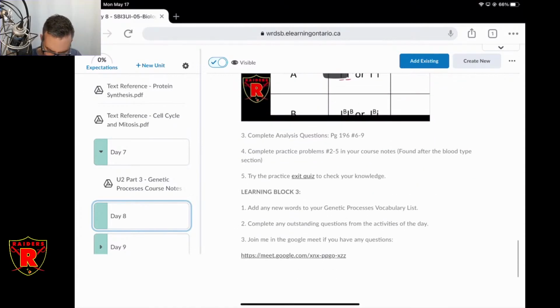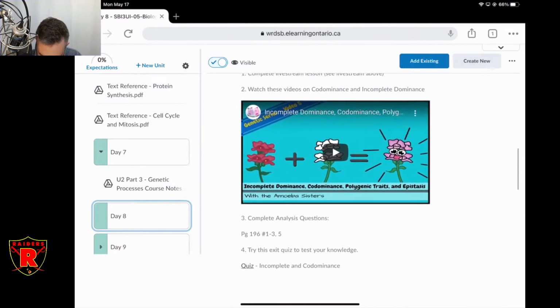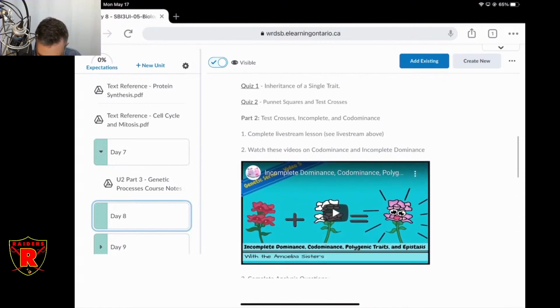Yeah, we're definitely not going to get to the blood types thing. We're going to have to save that for tomorrow, but we're going to have to do this part for sure.